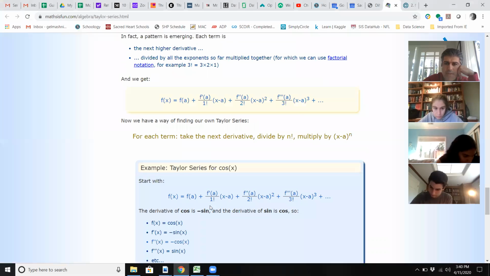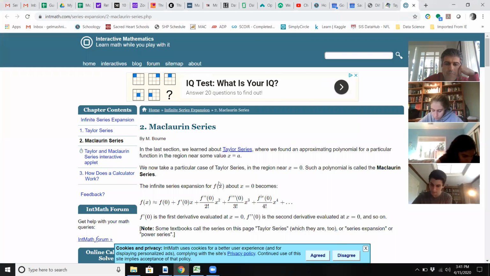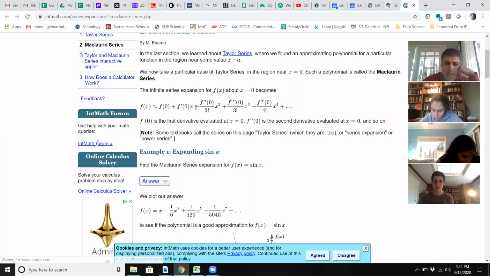If we look at Maclaurin series, it's not that much different. In a Taylor series, but it's centered at x equals 0, so that's kind of what we're expecting.